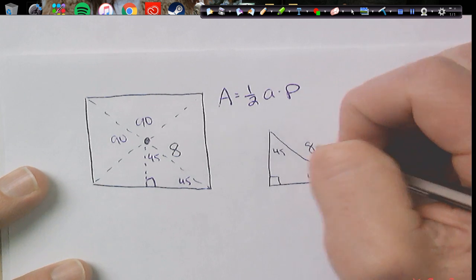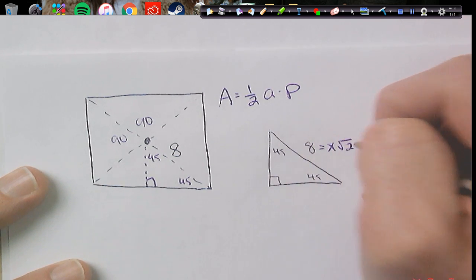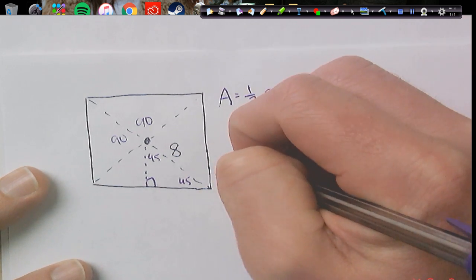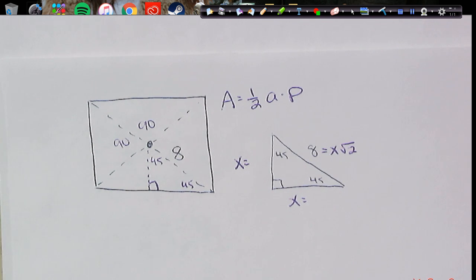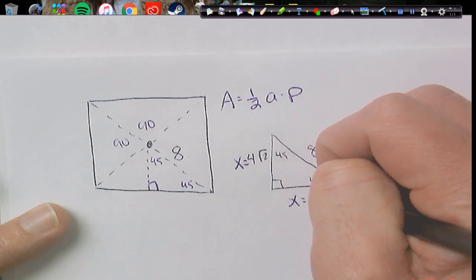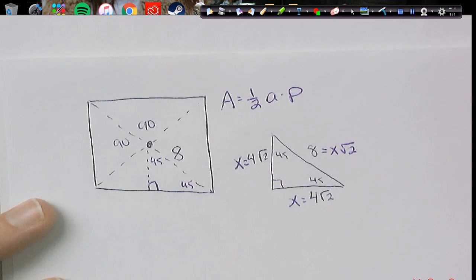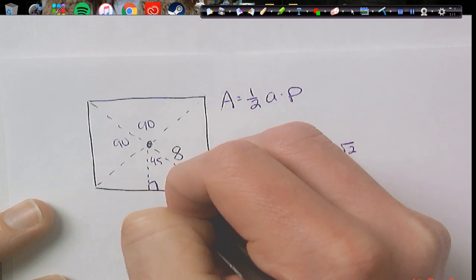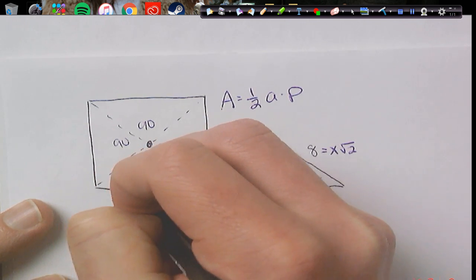So 8 is in the x rad 2 position. So to find x, we're going to divide 8 by 2, which gives us 4, and then multiply by rad 2. So that means one piece here is 4 rad 2 and 4 rad 2.